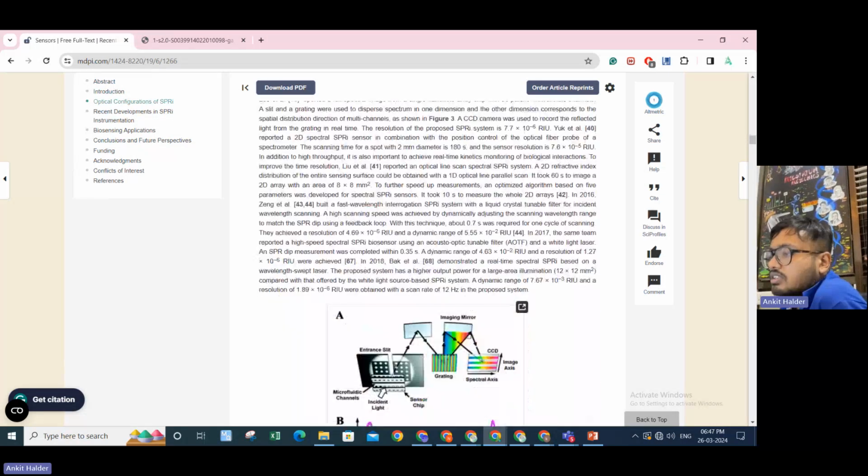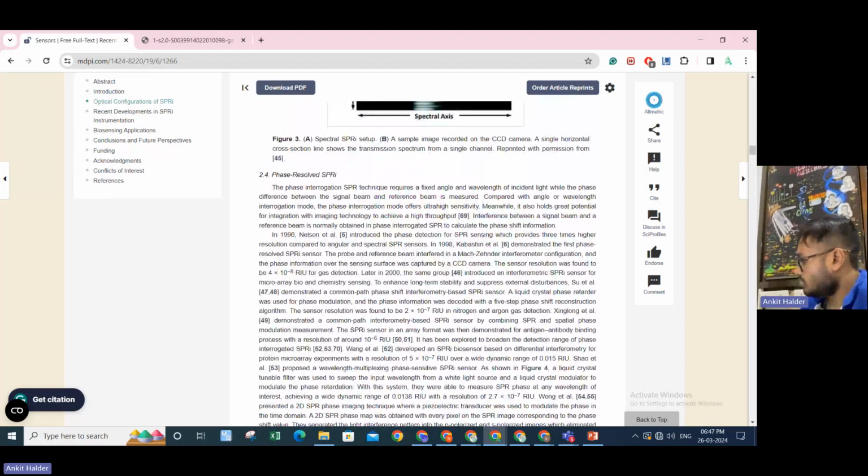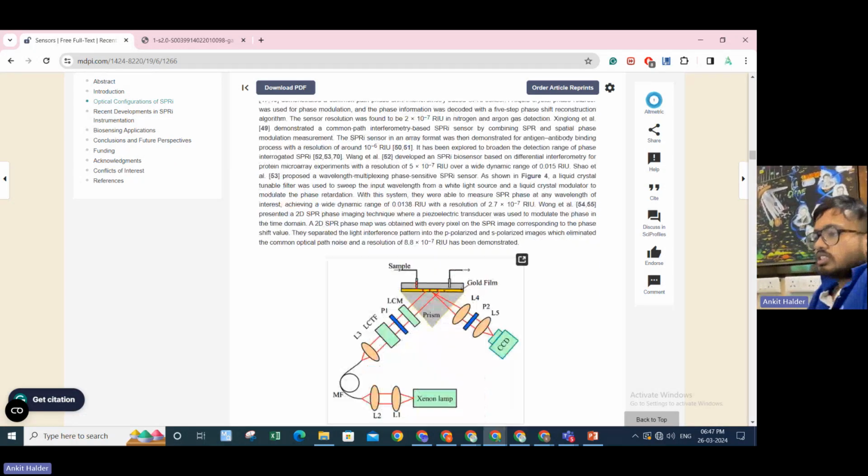This is regarding mostly the sensors and the instrumentation part, which you can look at if you are interested.